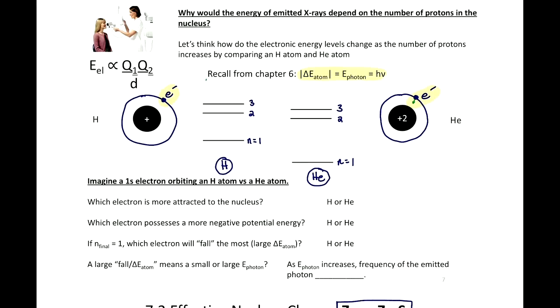So when we are an electron on a helium atom, see how I deliberately drew all of these energy levels lower. I drew them lower because they are more attracted to the nucleus, because helium's +2 versus our +1 hydrogen atom. Okay, perfect. So here are different energy levels for hydrogen with our 1 proton, and for helium with our 2 protons.